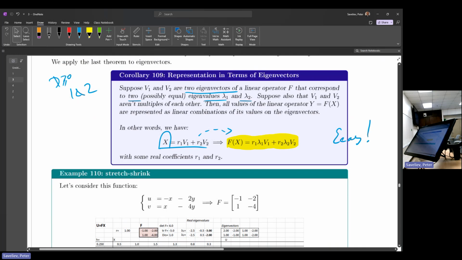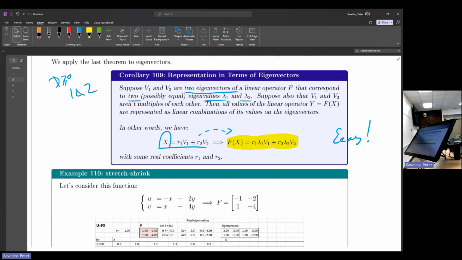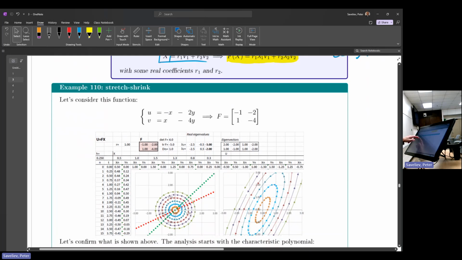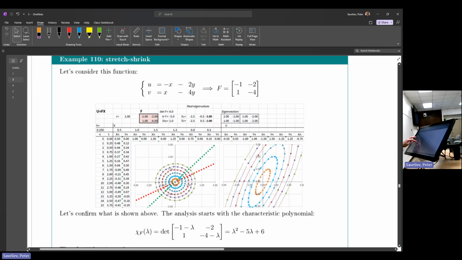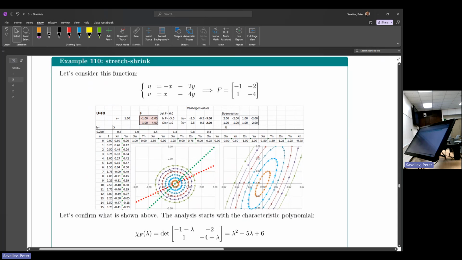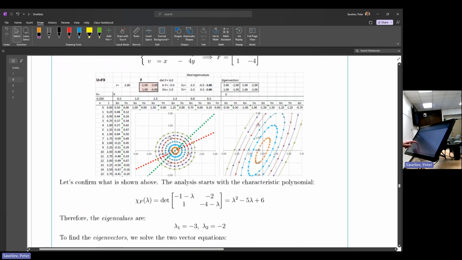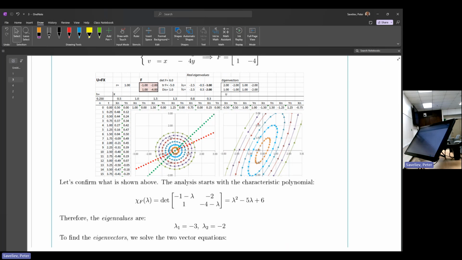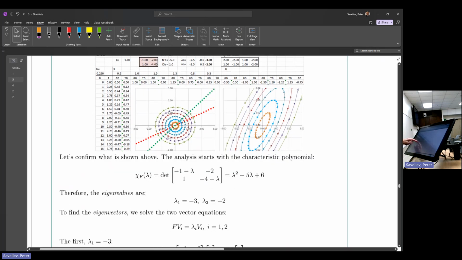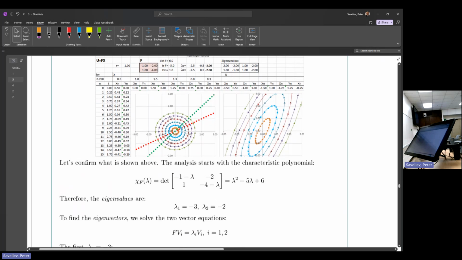For example, let's take a look at this. This is my system on the left, the matrix on the right. The computation has been carried out by the spreadsheet behind the scenes, so everything is found for us, but let's review it anyway. We create the characteristic polynomial, lambda squared plus 5 lambda plus 6. The quadratic formula produces -3 and -2, which you cannot guess from the picture. Then the eigenvectors are also found.